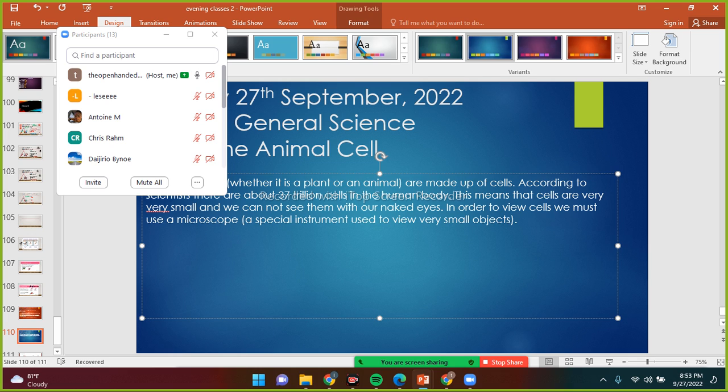Now in terms of a definition, like we said in health science just a while ago, cells are the basic building block of all living things. So cells are the basic unit of all living things.